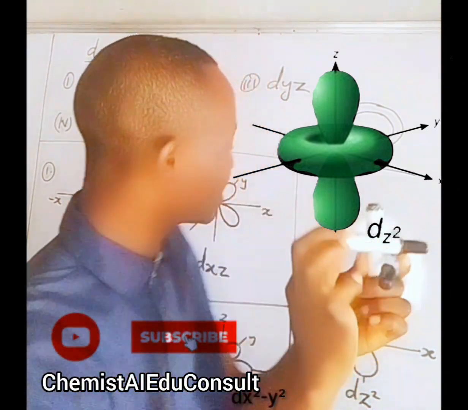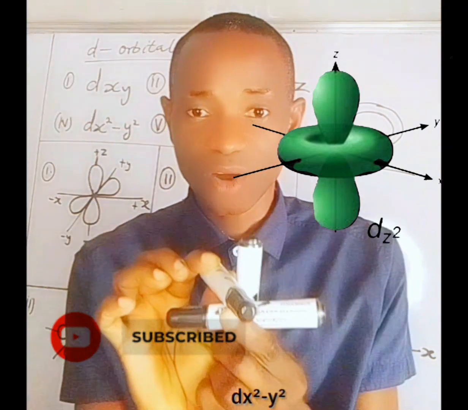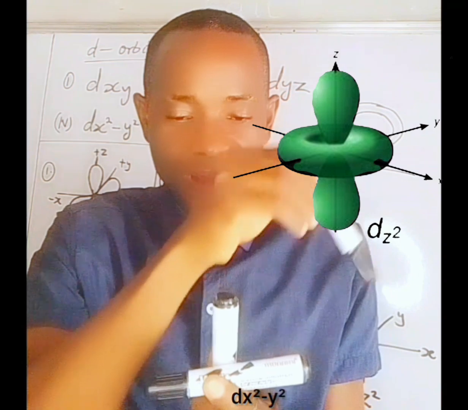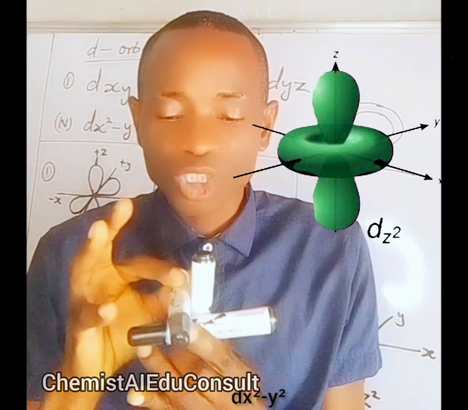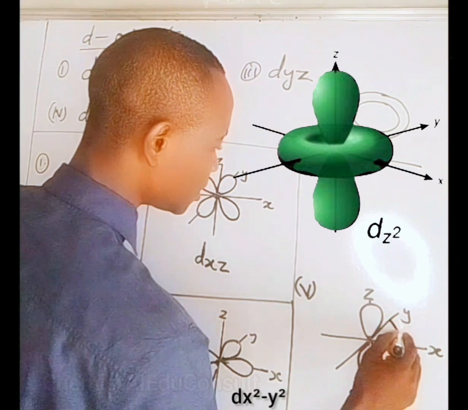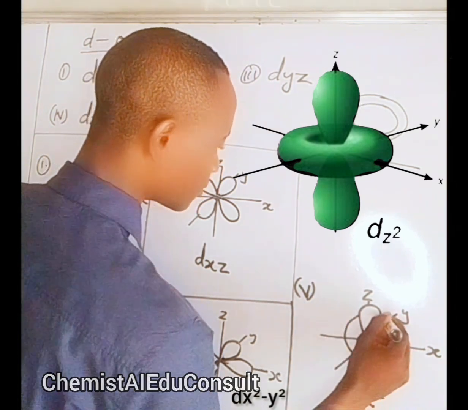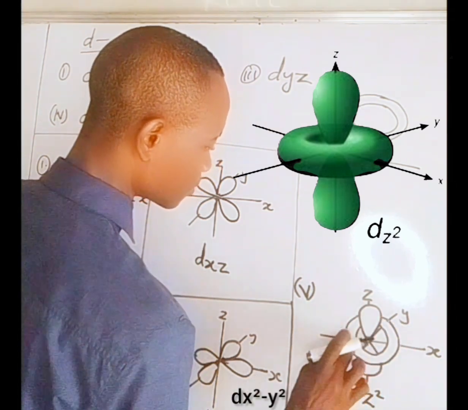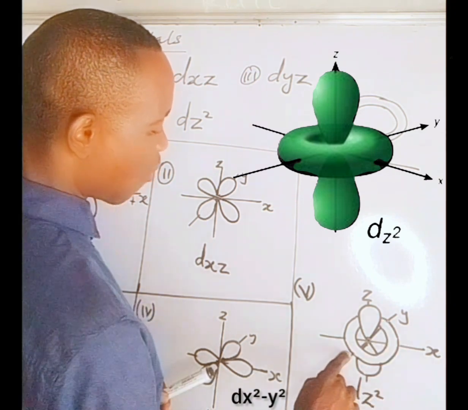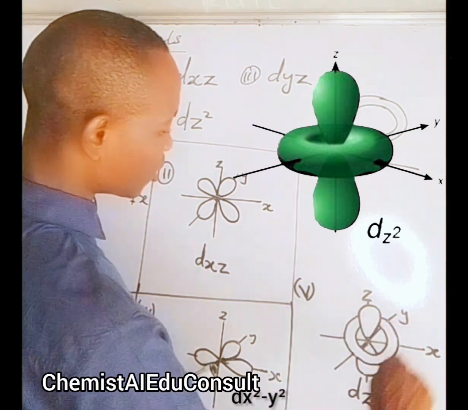So for this second dumbbell to be on both y and x, it means it will go around z so that it will touch y and also touch x like this. It goes round like this. You see, it touches y, x, but it does not touch z.